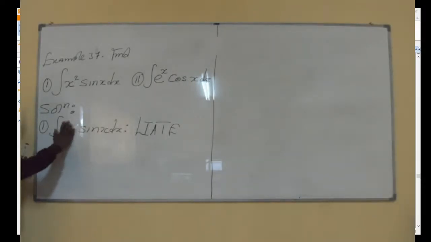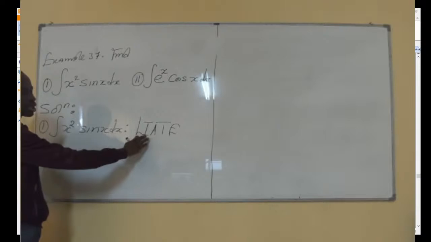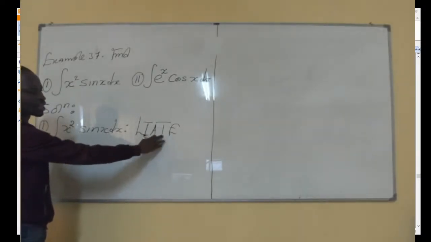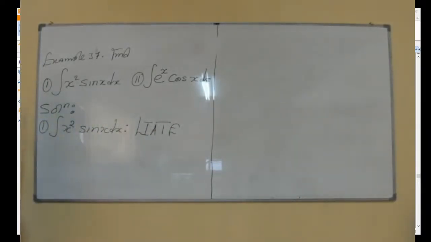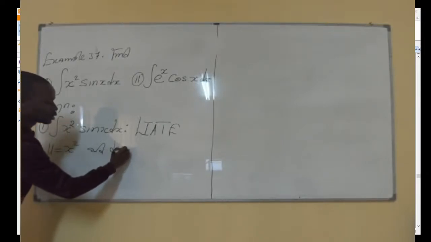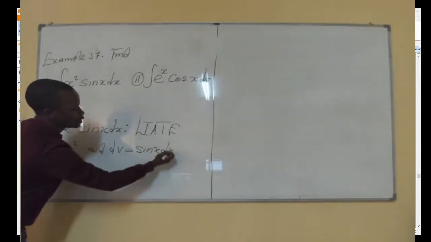Okay, now let's look at this question. By LIATE, we have logarithmic functions, inverse trigonometric functions, algebraic functions, trigonometric functions, exponential. So algebraic comes first, isn't it? So our u will be equal to x squared, and our dv will be equal to the sine of x dx.